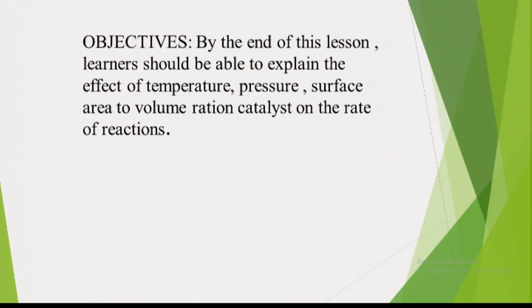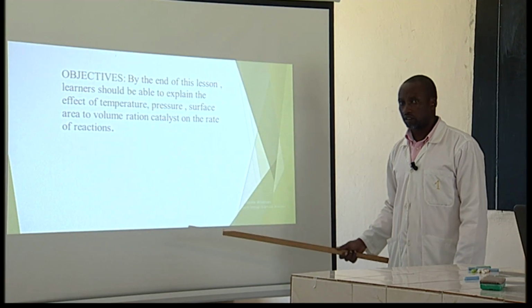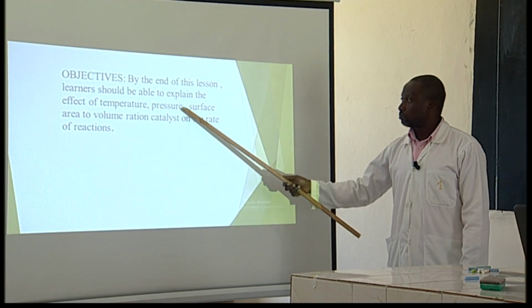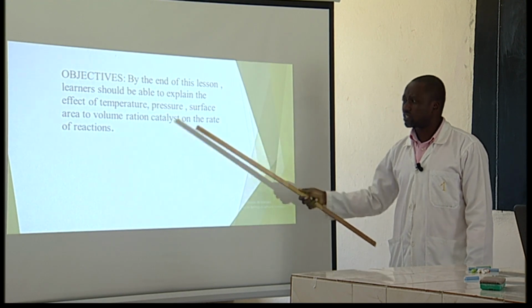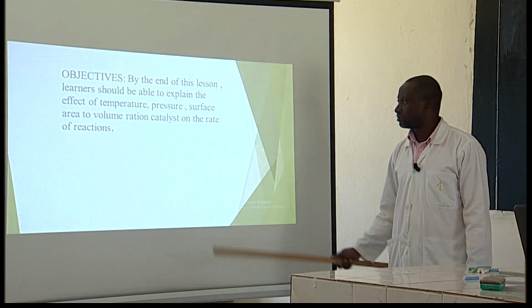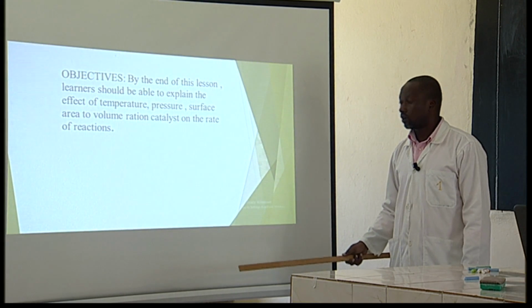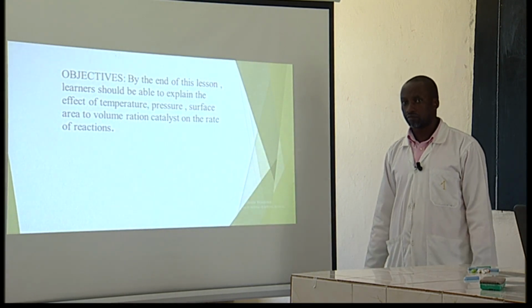By the end of this lesson, I hope you'll be able to explain the effect of temperature, pressure, surface area to volume ratio, and the catalyst on the rate of reactions.